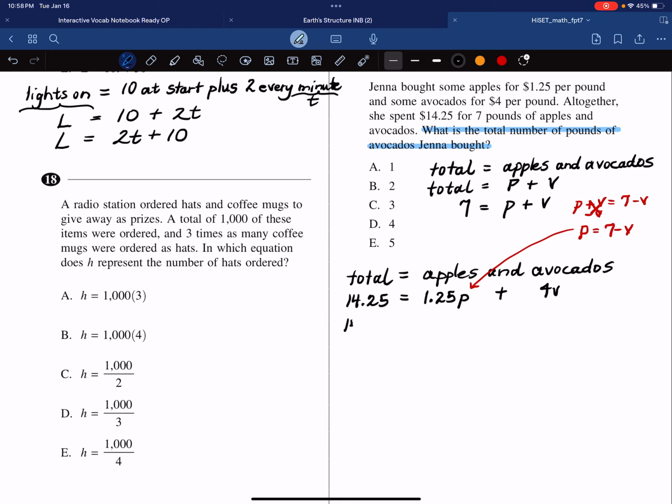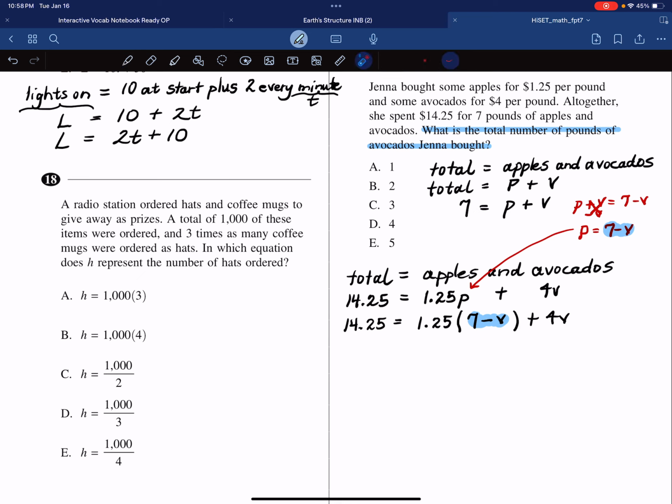But here's how we would finish this. $14.25 is going to be equal to, instead of that letter P, I'm going to use the 7 minus V that I got right here. Instead of P, I'm going to put in that value of 7 minus V, and then plus 4V.